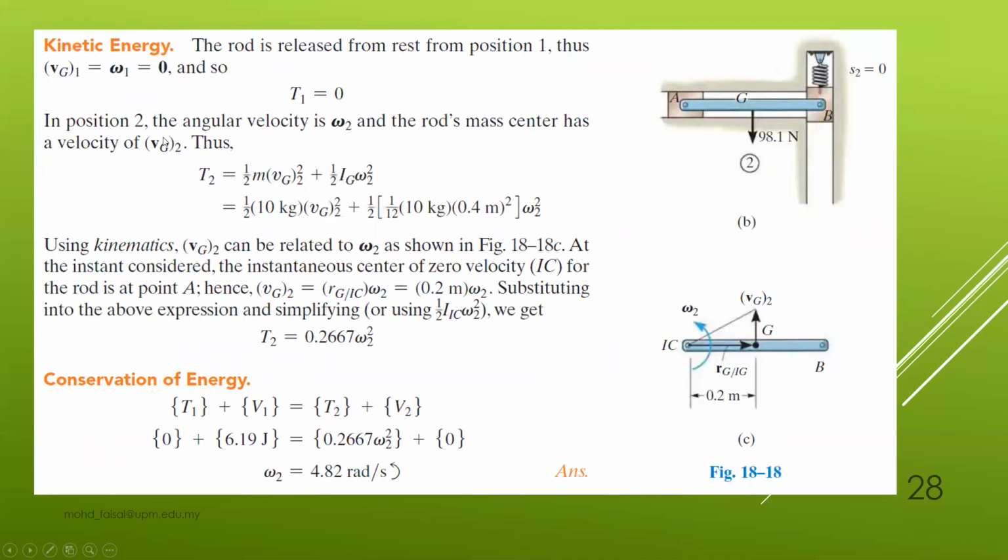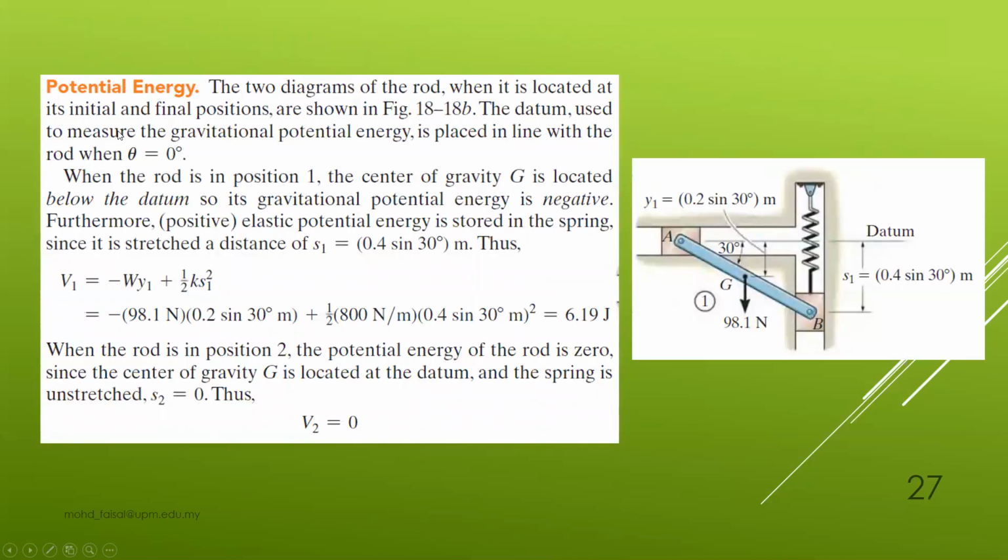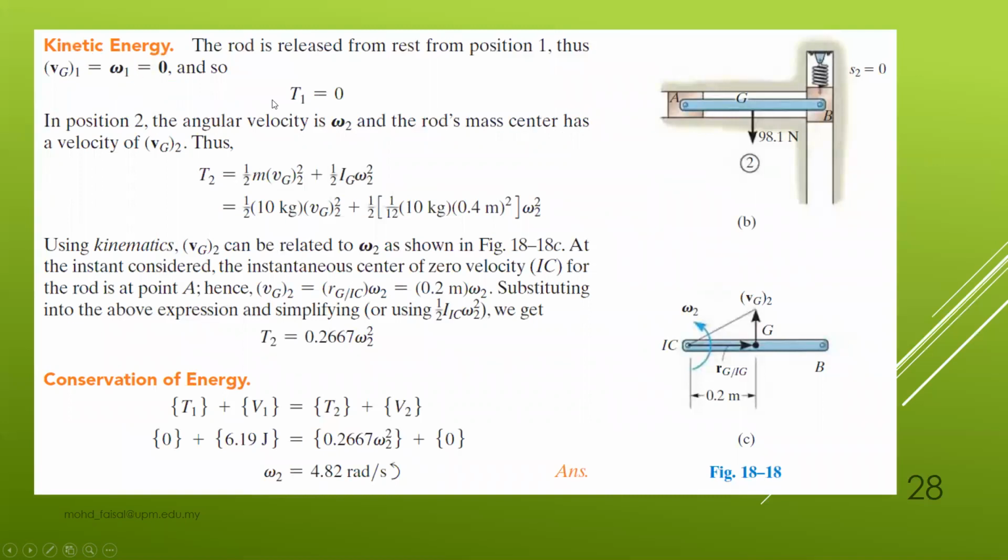This is the potential energy of the spring as well as the gravity of this rod. Then we look into the initial kinetic energy. T1 means before, and we know that it starts from rest, so it is equal to 0.